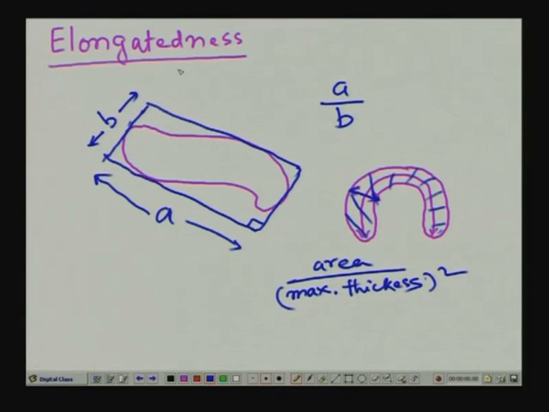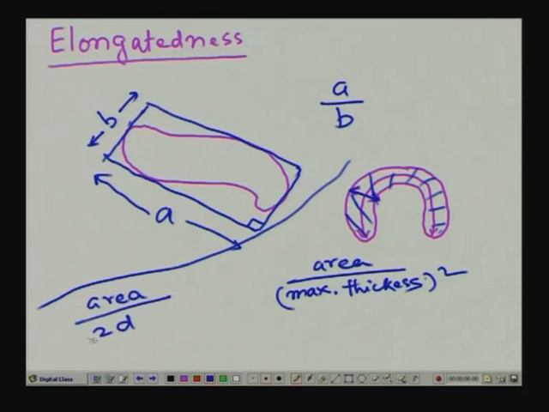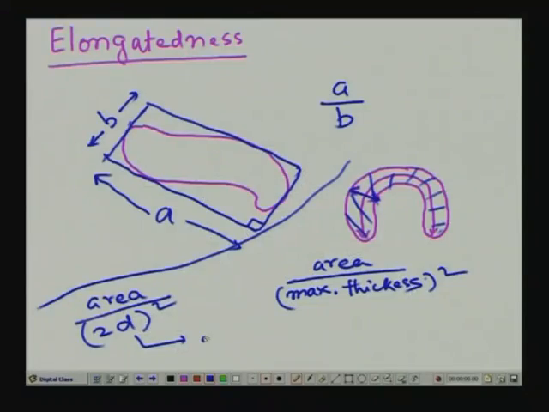And one way to find it out is area divided by 2d square, where d is the number of erosion steps that is needed before this region erodes to a null set. So, this is the maximum erosion steps.